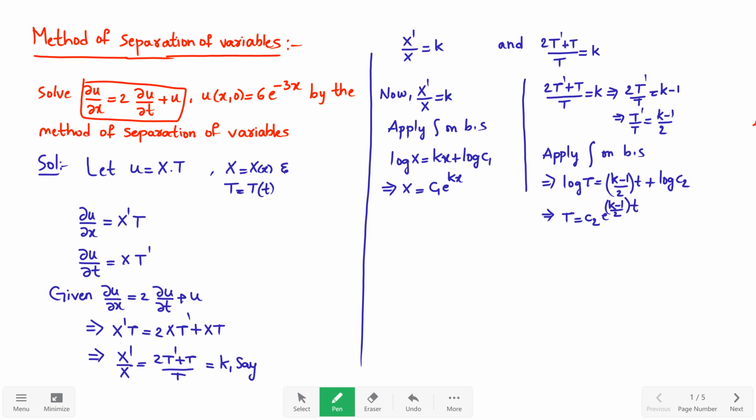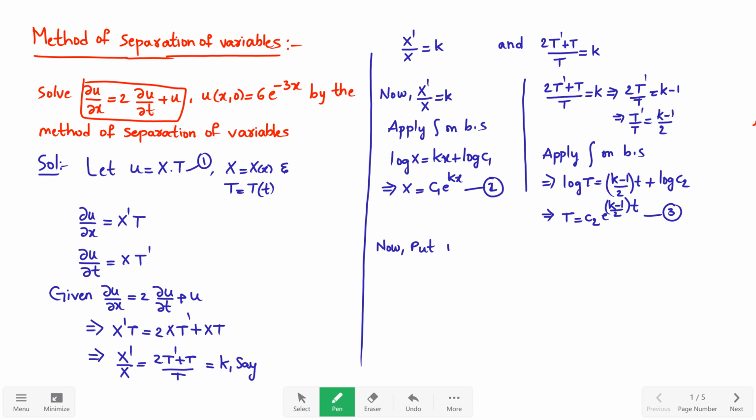So after getting X and T, now we have to find u. We have assumed u = X T, so now we put these X and T values in the assumed u.